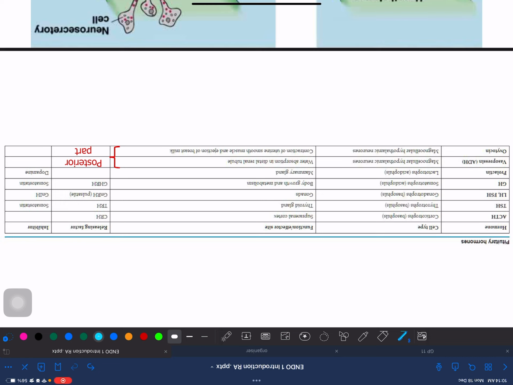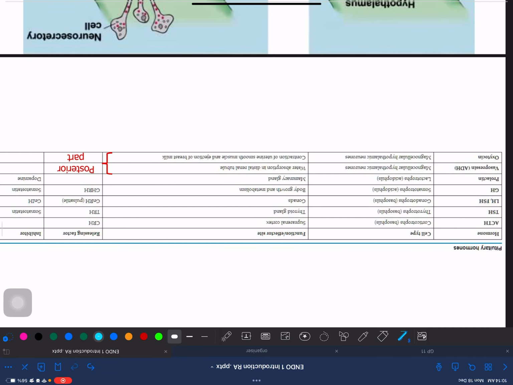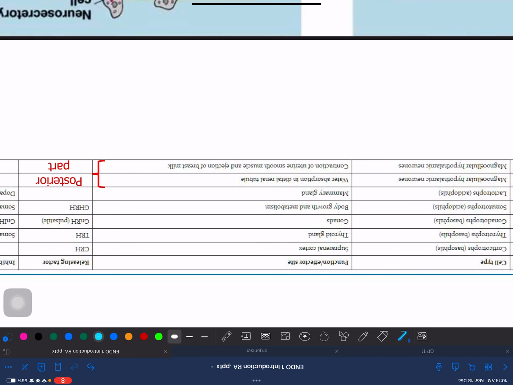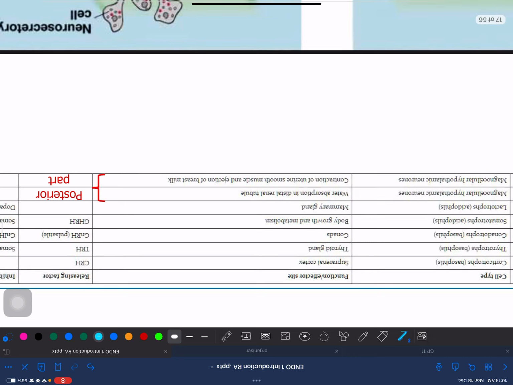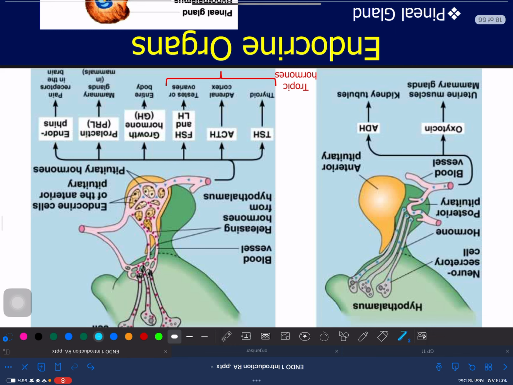Okay, this is the releasing factor from the hypothalamus. These are all the inhibitors from the hypothalamus as well. Okay, these two are the posterior part, the rest anterior part of the pituitary glands. Okay, posterior pituitary. Okay, this is the anterior pituitary and these are the tropic hormones.